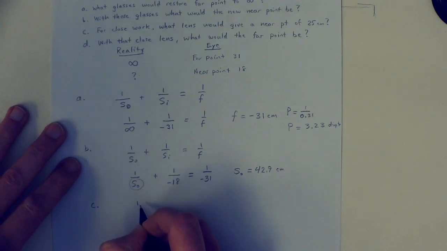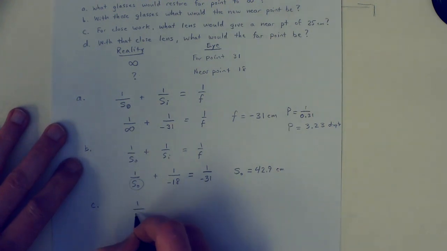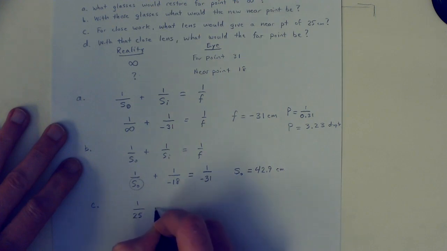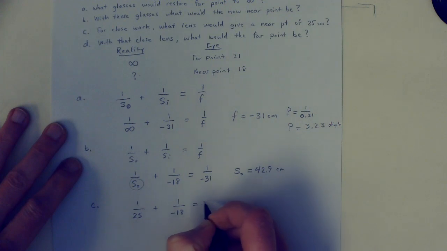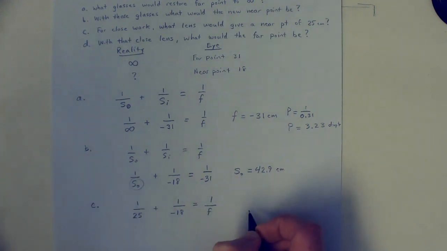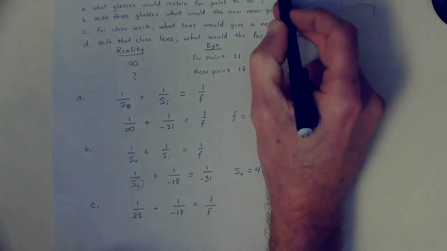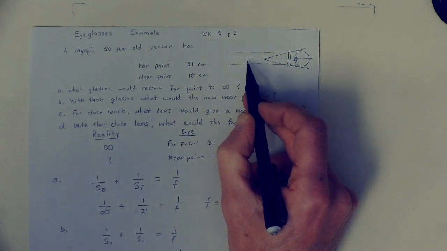So now what we want to do is have an object really be at 25. That's what we want their new near point to be, but it should seem to be at 18. And what lens would that be? So we'll get a focal length from this. Once again, you're going to have an object out here at 25, really 25 away.